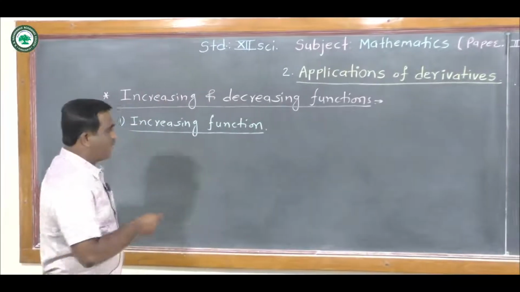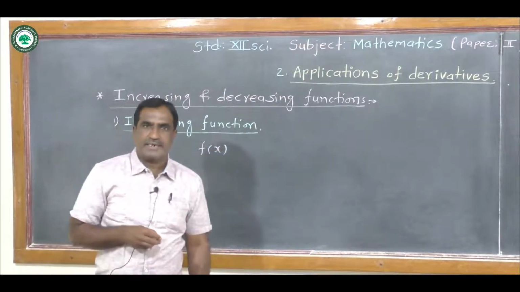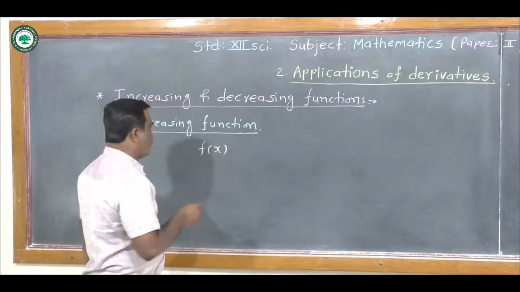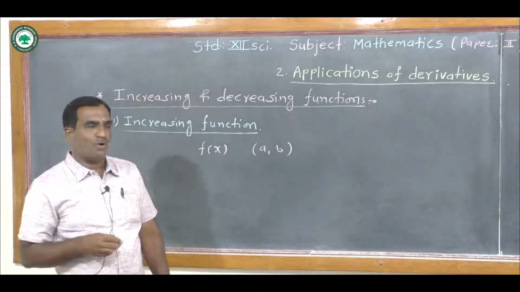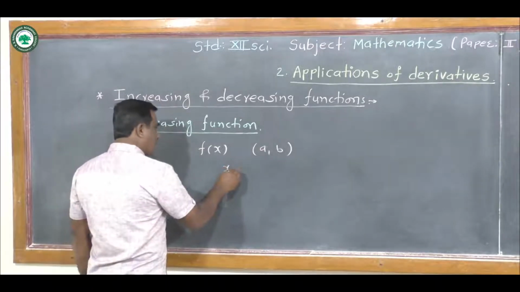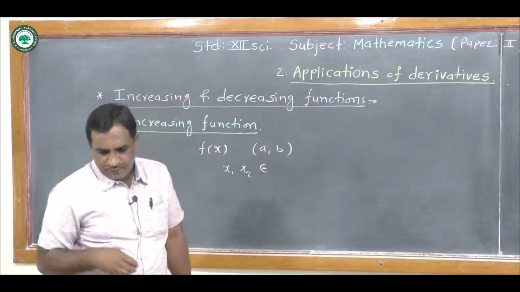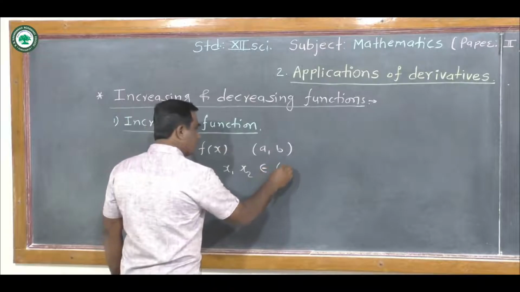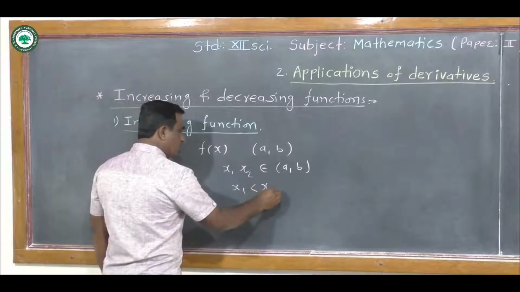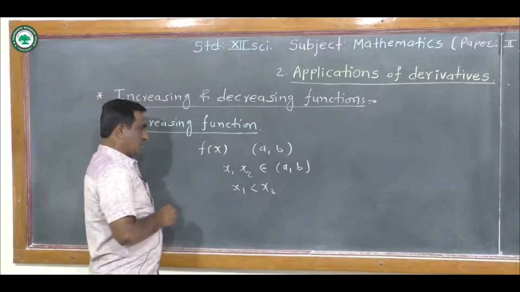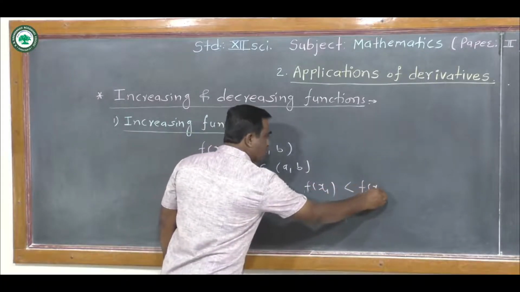First, the definition of increasing function. A function f of x is said to be strictly increasing in open interval AB if for every x1, x2 belonging to open interval AB, where x1 is less than x2, this implies that f of x1 is also less than f of x2.